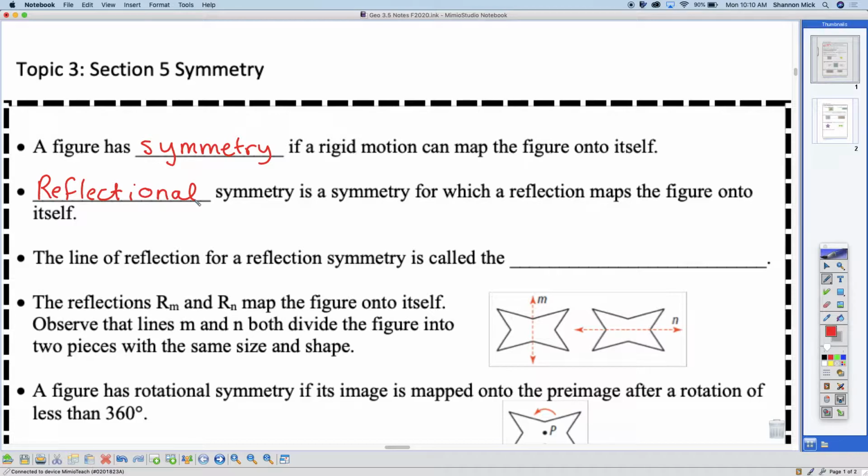A line of reflection for a reflection symmetry is called the line of symmetry.